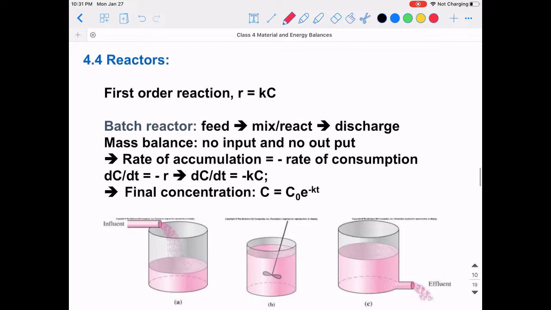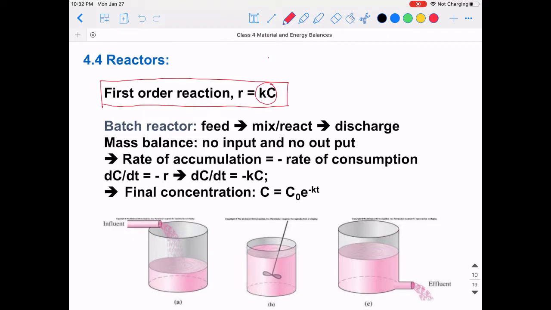There are multiple reactors we're going to learn about, but here, let's first assume that all of the reactions follow first order reaction. In our last class, we mentioned that the first order reaction is the most commonly seen reaction, because for a lot of reactions, the reaction rate really depends on the concentration of the species.